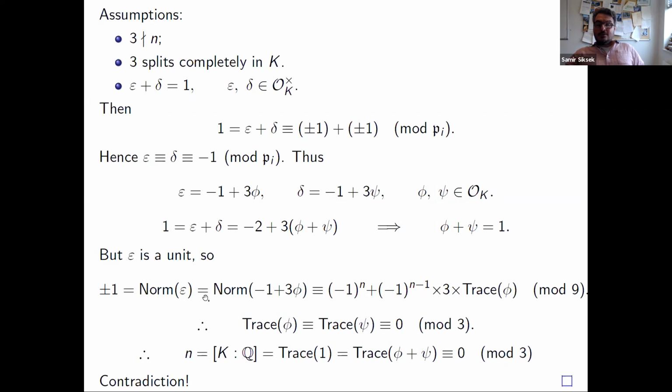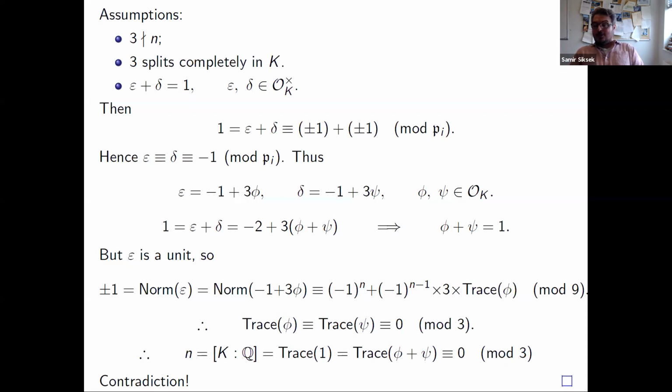So if I take this norm here and think of the norm as the product of the conjugates, I'm going to have -1 plus 3 phi 1 times all the way to -1 plus 3 phi n, where phi 1 to phi n are the conjugates of phi. I can expand the brackets, and I'll see -1 to the n, where n is the degree, plus -1 to the n minus 1 times 3 times the sum of the phi's, that's a trace.